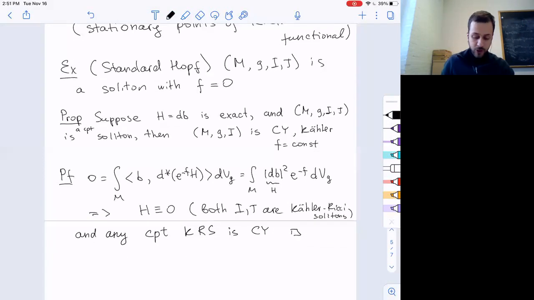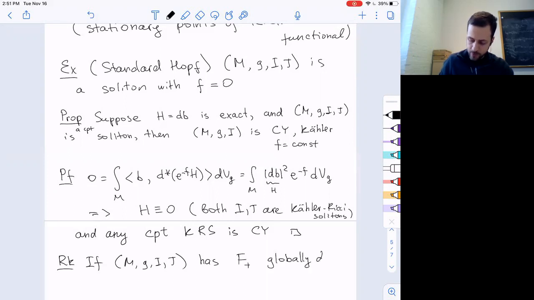And actually, there is a natural setting where H is necessarily exact, and I'll make this remark. If M, G, I, J has the symplectic form F plus globally defined, then H is exact. It's a pure consequence of these relations of the tensors on the generalized Kähler background.